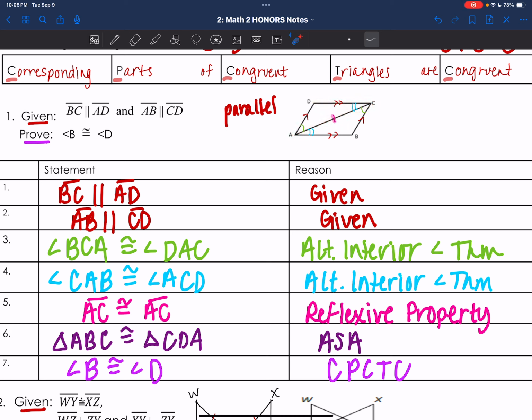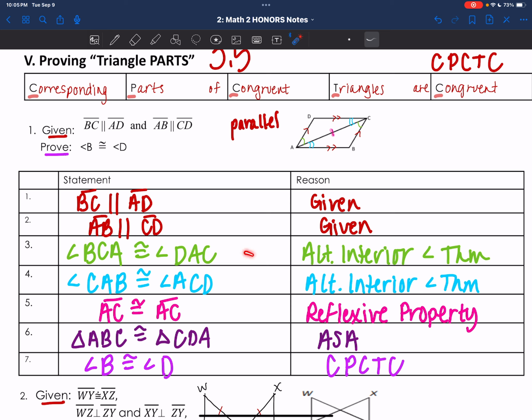All right, and then knowing that, now we can also do it this way by saying CAB is congruent to ACD because of, again, alternate interior angles there. All right. And that's information that we found. Another piece of information that we found, which is your shared property, your transversal, or the diagonal in this case: segment AC is going to be congruent with segment AC, and that is because of the reflexive property.